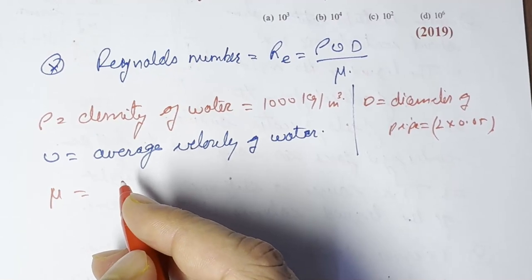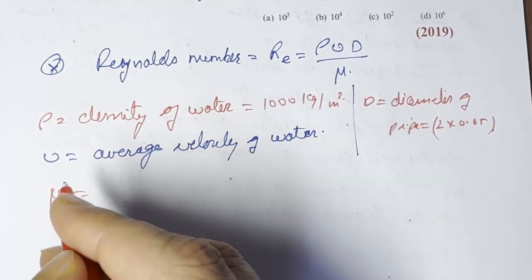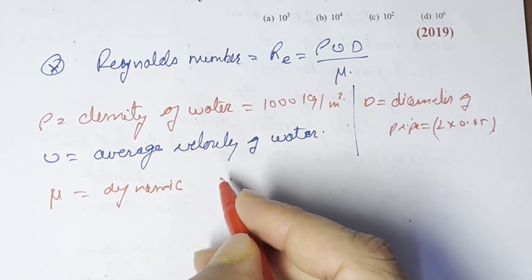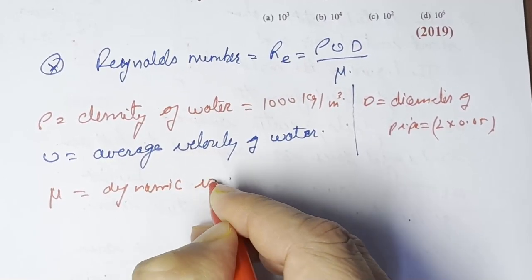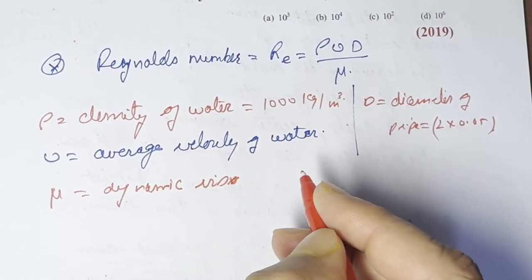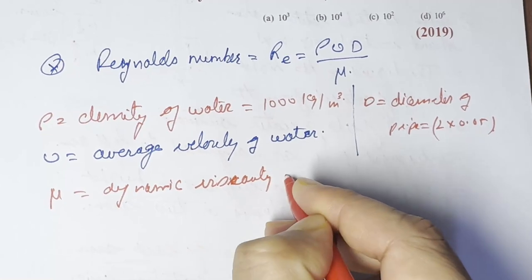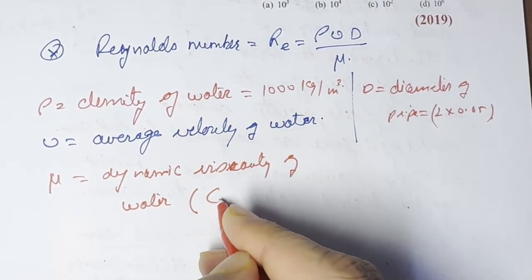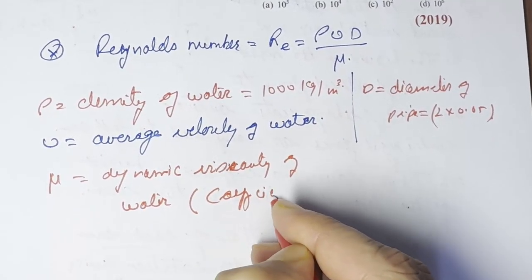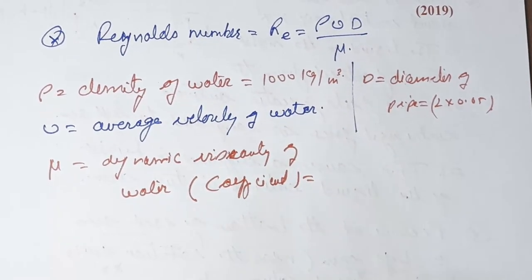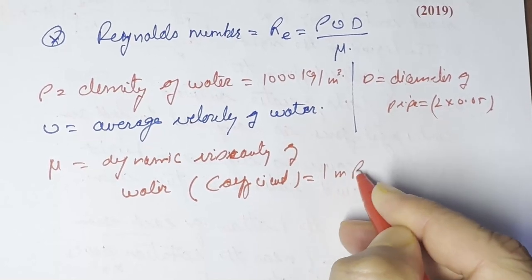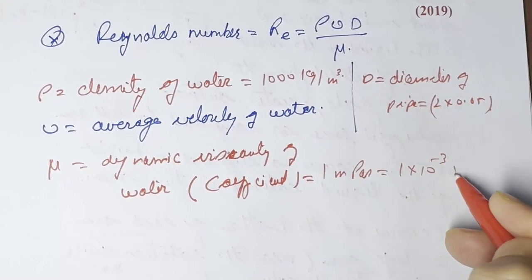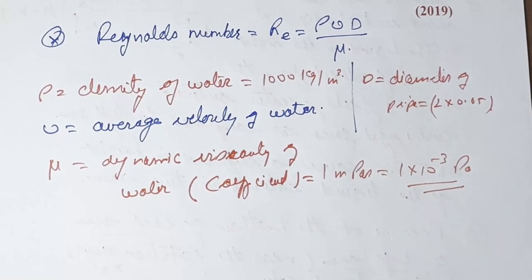Mu is the dynamic viscosity of water, or we can say coefficient, and that is given as 1 millipascal, and that will be equal to 1 into 10 to the power minus 3 pascals.